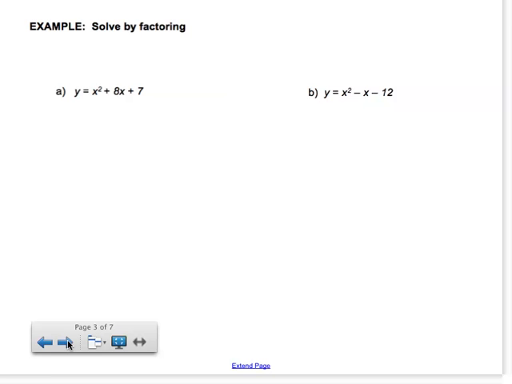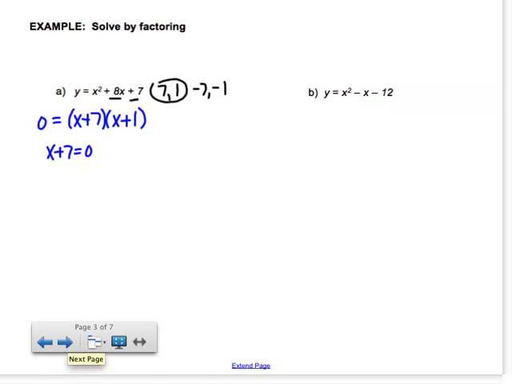So if we factor our first one, we look at the last term, it's a 7, and I could have 7 and 1, or I could have negative 7 and negative 1. The pair that's going to add up to get 8 is going to be positive 7 and positive 1. So I rewrite, and I say x plus 7, x plus 1, and I'm going to set that equal to 0, which means that x plus 7 can equal 0, or x plus 1 can equal 0.